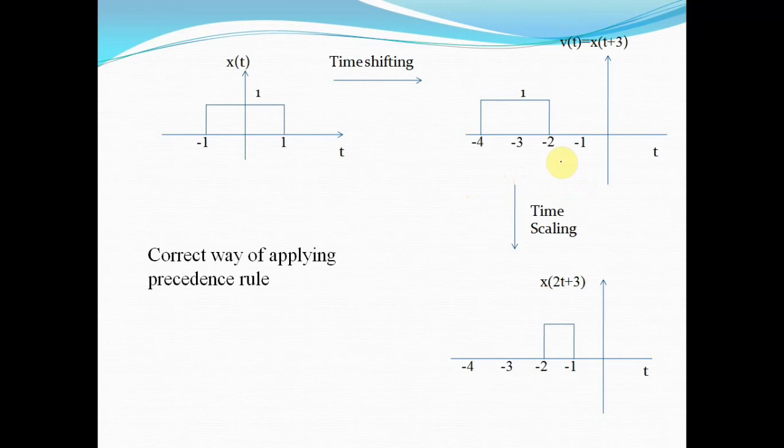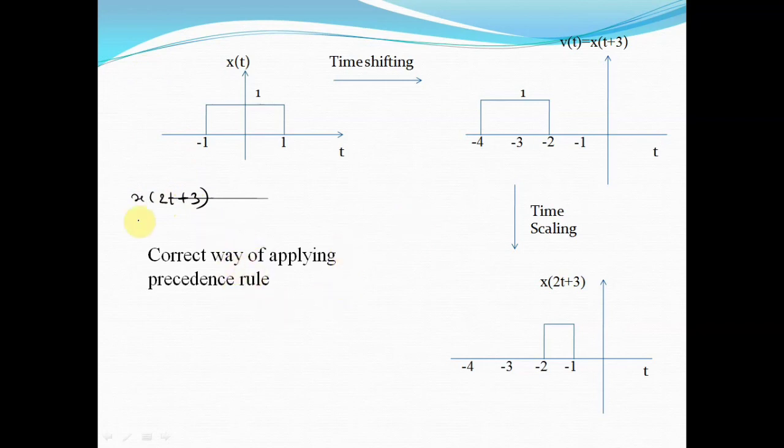Here we are interested in plotting a signal x of 2t plus 3. Again, both the operations are involved here. First is a shifting operation and second is scaling.